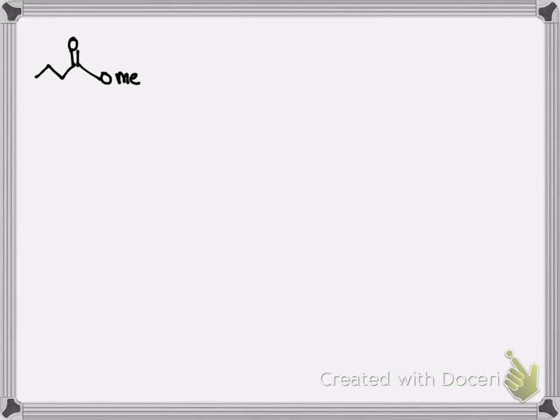I have Me and then MgBr. And you end up with this, like that. This is the tetrahedral intermediate that I talked about before.